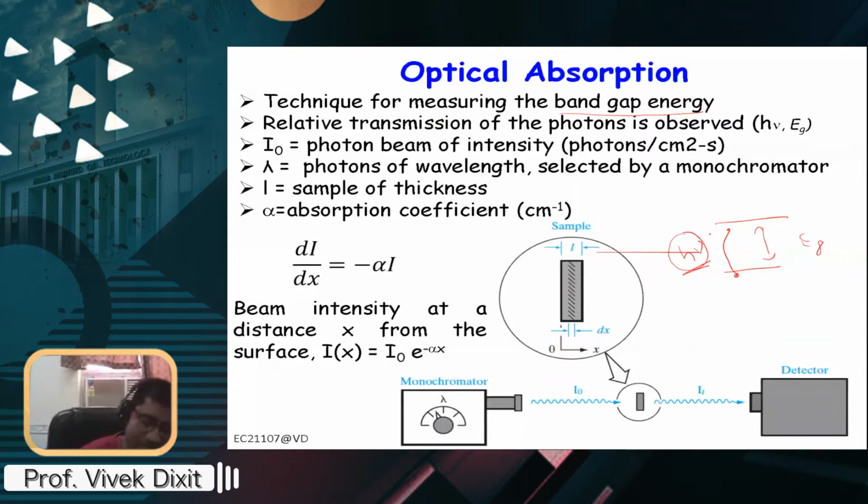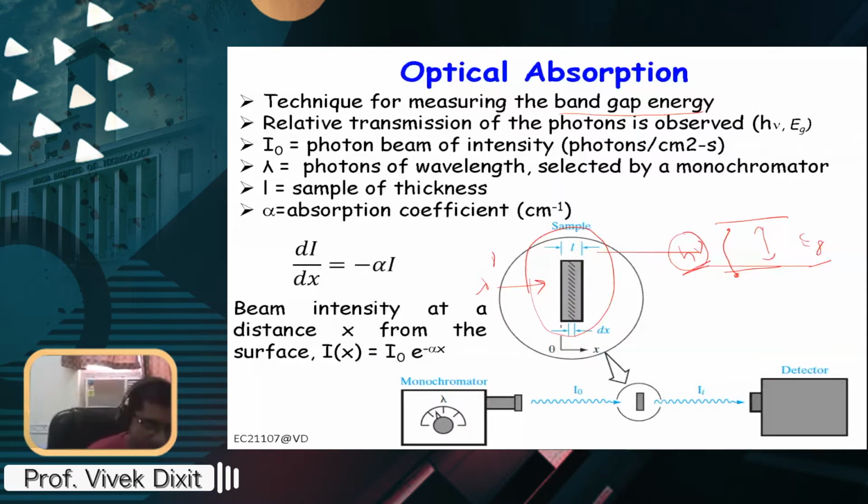If I increase the energy more than the band gap, then this photon can be absorbed. Correct? So that means if I take a piece of semiconductor of length L and I incident a light on it, which has frequency nu or wavelength lambda, its transmission will depend on the energy of the photon that is incident on it.